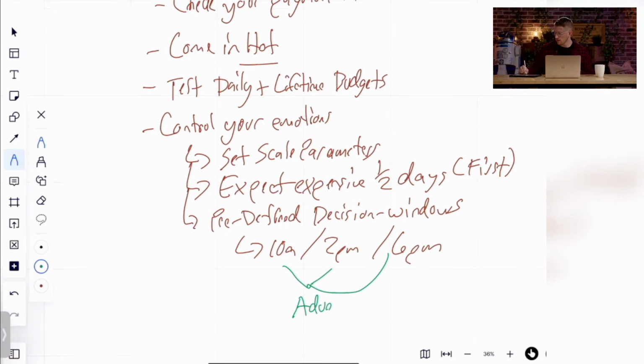Now I'm gonna add a little note here. Doing all 3 of these windows is more advanced, right? This is if you're doing intraday budget scaling, which is the next part I wanna talk about.